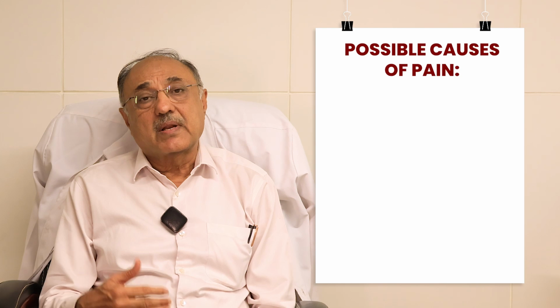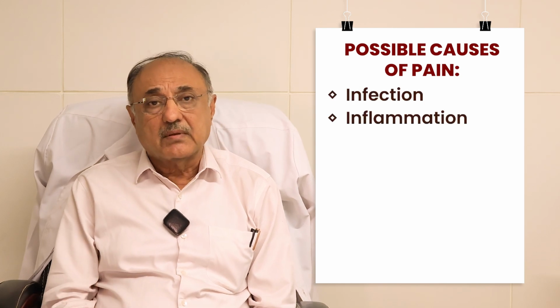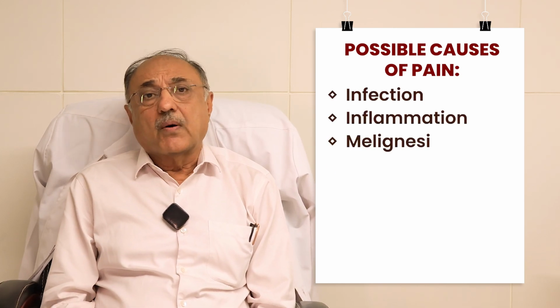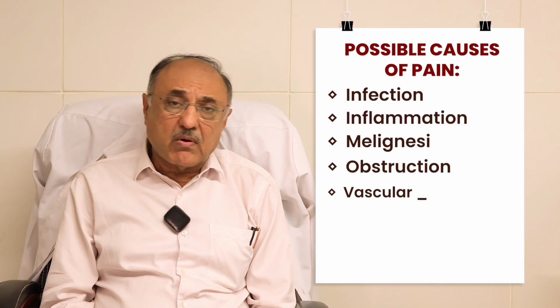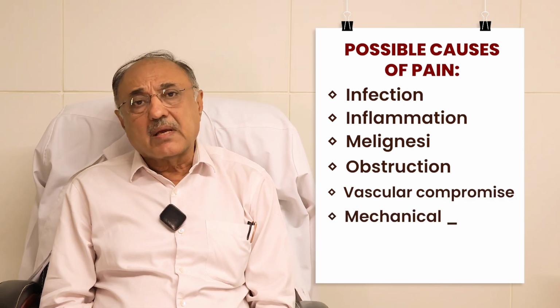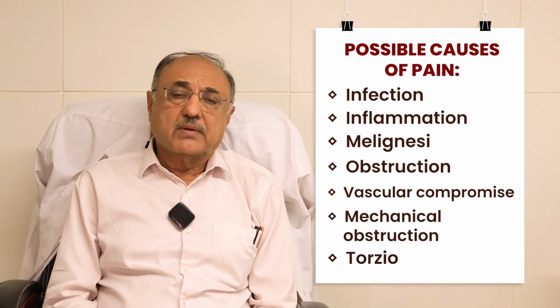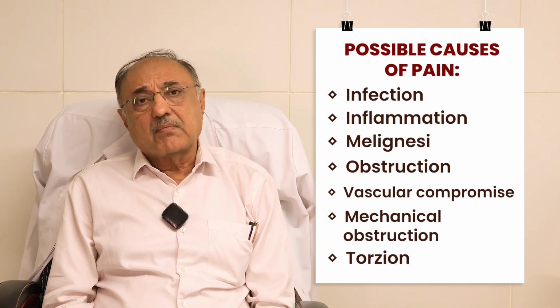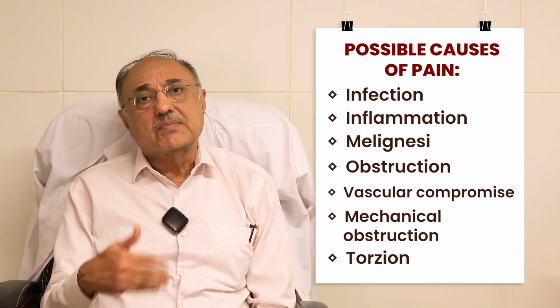So all this can go wrong in various different ways, say for example infection, inflammation, malignancy, obstruction, vascular compromise or mechanical obstruction, torsion, etc. So they're all present with different symptoms. So it becomes sometimes impossible to say what is causing the abdominal pain.